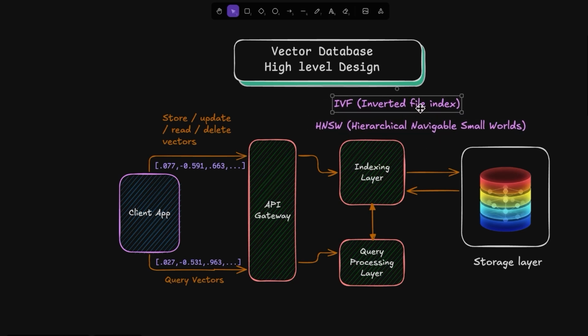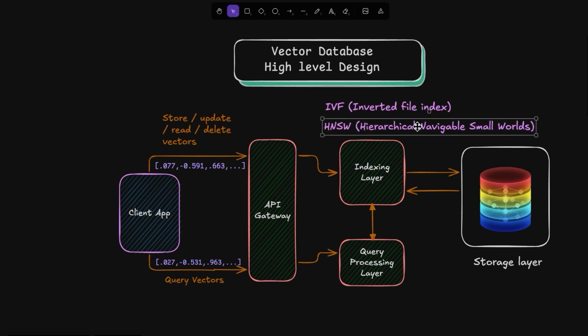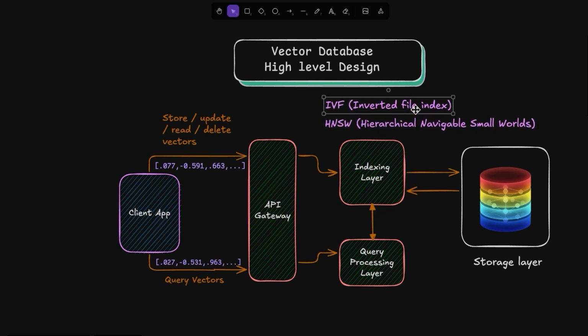These are the two key techniques that most vector databases apply in the indexing layer. And as I said, the main responsibility of the indexing layer is to enable fast, low latency search, so that you can search millions of vectors inside the storage layer efficiently. That's the purpose of this indexing layer.